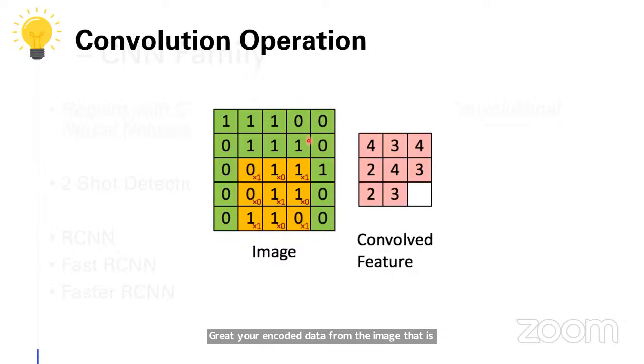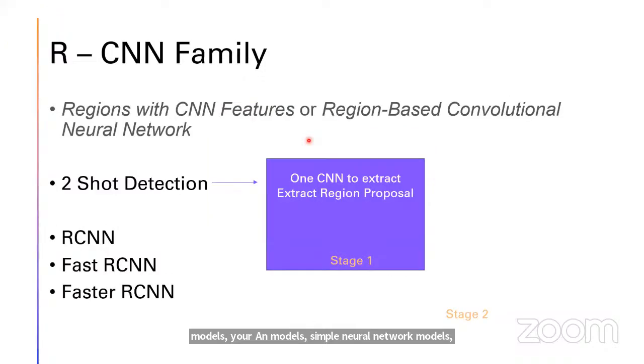Now that data will be passed through your models, simple neural network models, right? And your model will be trained depending on your need. Some features of the RCNN family networks are that these are two-shot detections.